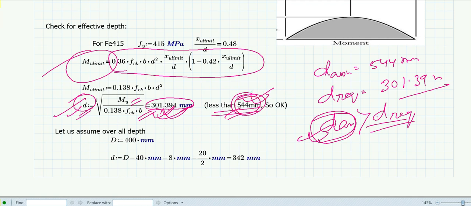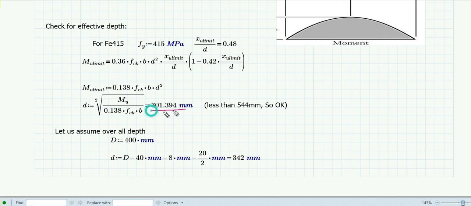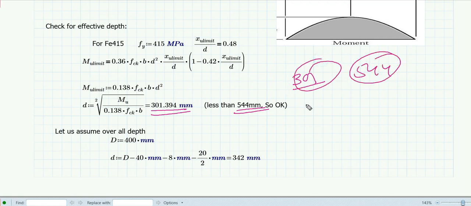Here the difference is very high. It requires 301 and we are providing around 544, so around 250 mm excess depth we are assuming. So it might lead to uneconomical design.